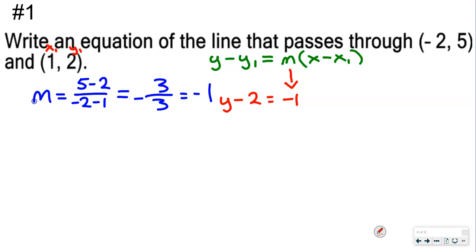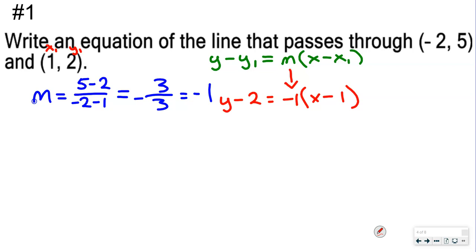And that will equal, so now we have y minus 2 equals -1 times x minus x1, which we just said was 1. So now we have our equation in point slope form.